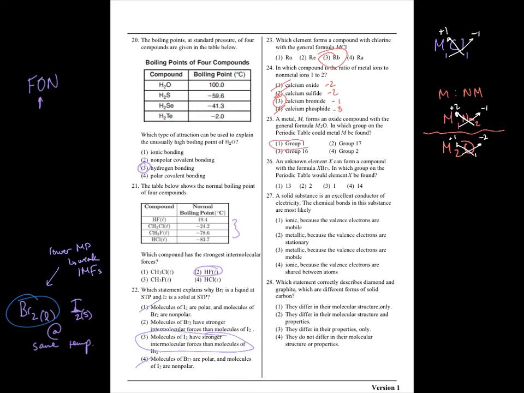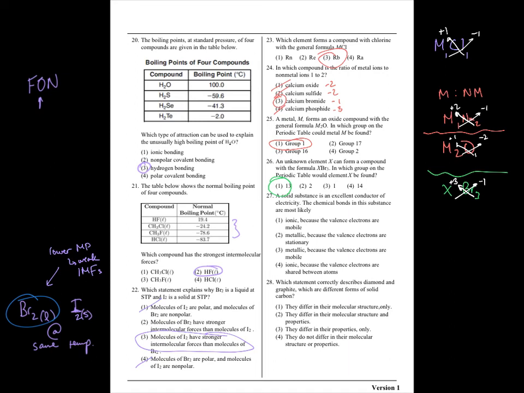They all have +1 charges. Next, an unknown element X can form a compound with the formula XBr3. In which group on the periodic table would element X be found? Just crisscross them back again. So +3 can be found in group 13. They all have +3s. Well, most of them do.